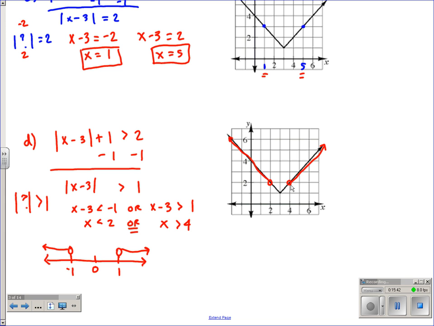Well, where does that start? At 4, we have a value of 2, so it's everything greater than 4, which is what we have. And it's everything less than positive 2, which is what we have here. So that is our answer for this problem. x is less than 2, or x is greater than 4.